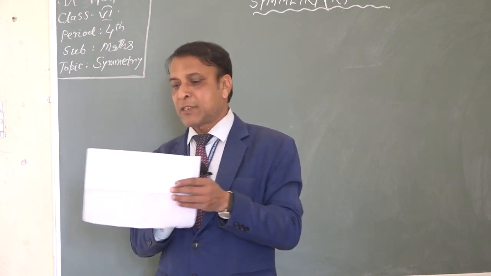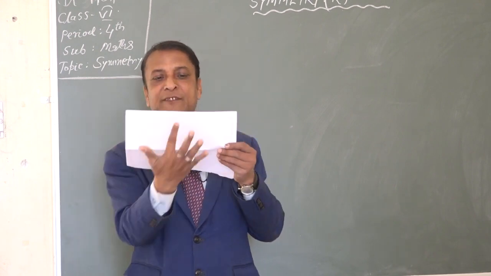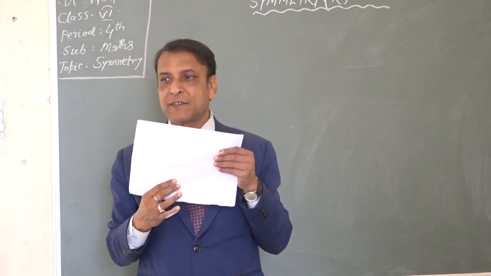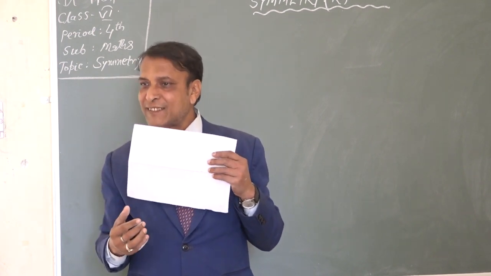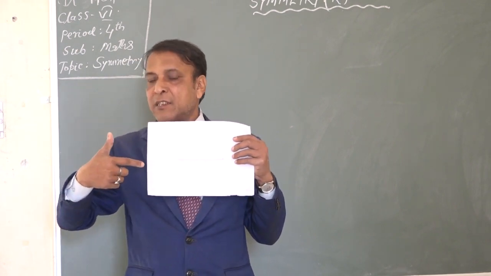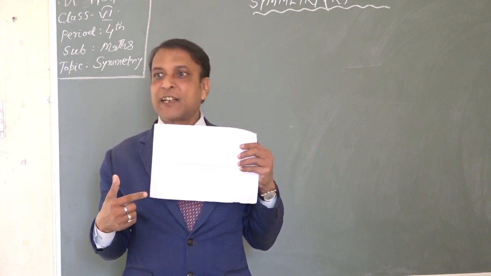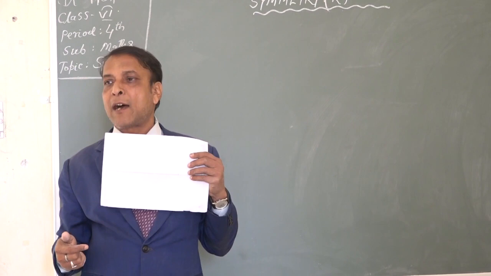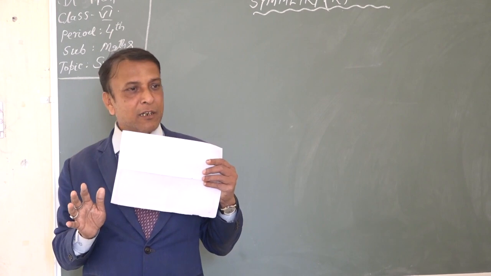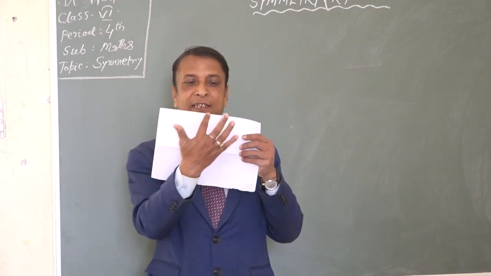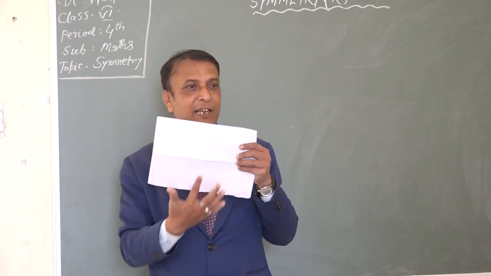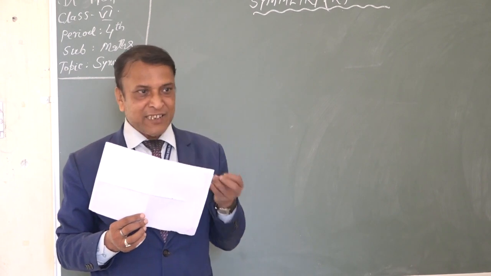That means the total rectangle can be divided into two parts on this axis, which is the vertical axis, which we call the y-axis, and this horizontal line, that we call the x-axis. In a graph paper, when you do the graph, between two axes, any figure can be drawn. So the horizontal axis is known as the x-axis, and the vertical axis is known as the y-axis.